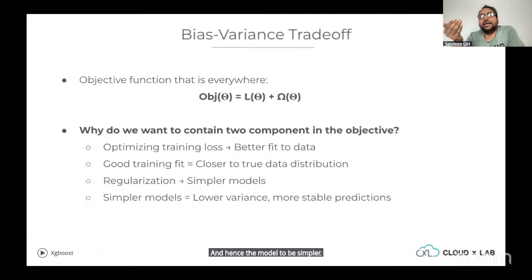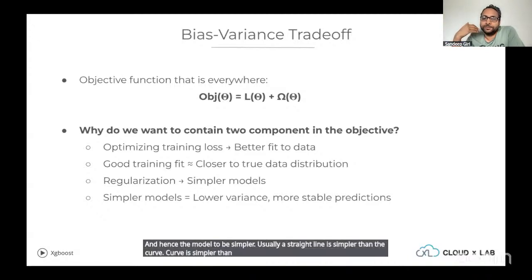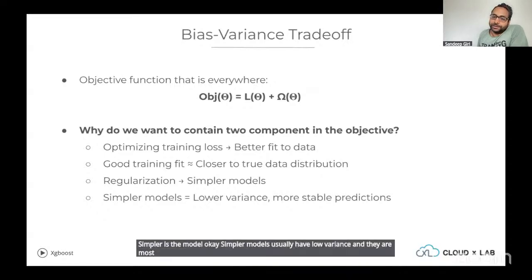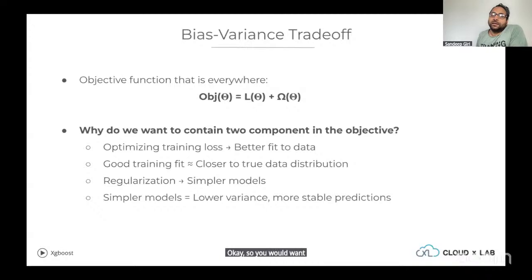Usually a straight line is simpler than a curve, which is simpler than a cubic equation, and so on. So the more the regularization, the simpler the model. Simpler models usually have low variance and are more stable when it comes to prediction. So you want simpler models as well as a good fit, as in it should be well trained.